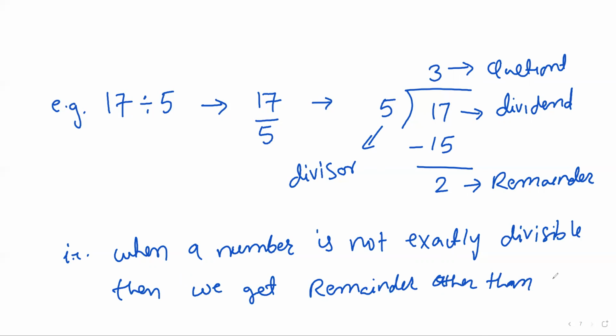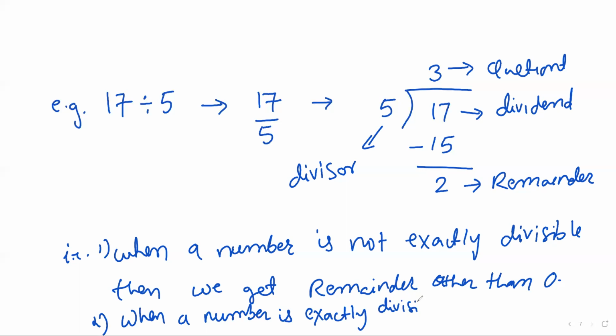And when a number is exactly divisible, then we get remainder equal to 0.